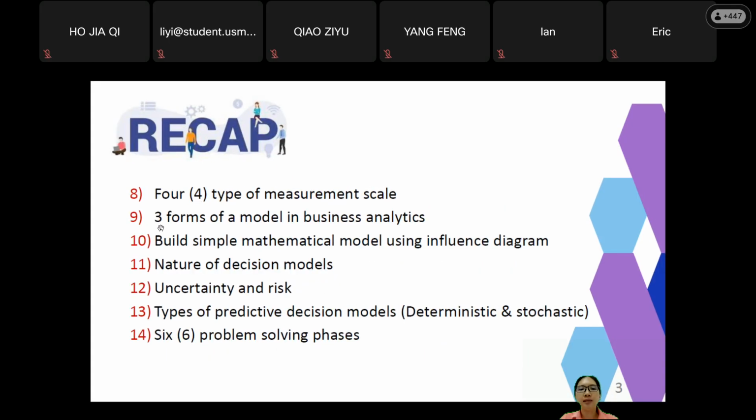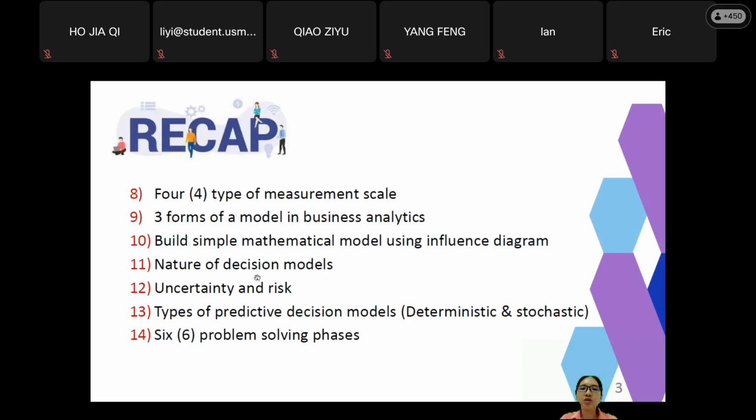And then the 3 forms of a model in business analytics. So we will see beside the mathematical model, what are the other type of models we use in business analytics. And build simple mathematical model using inference diagram. So you will see how to draw this diagram. Okay.